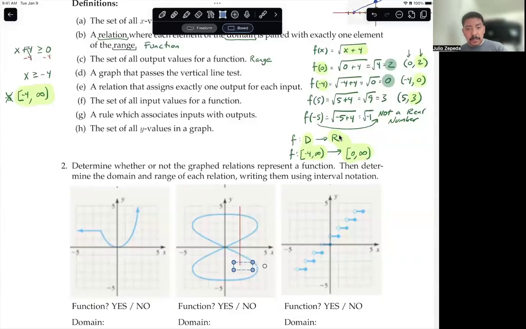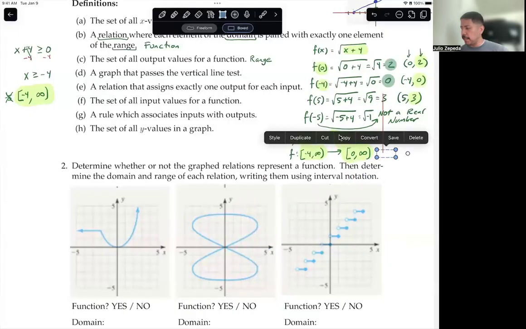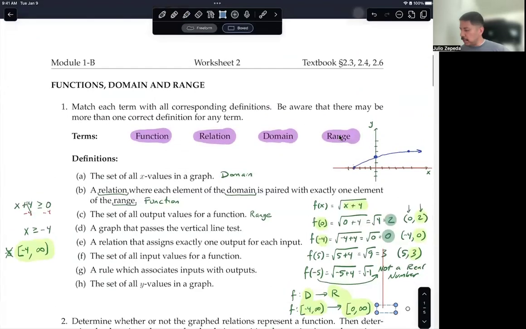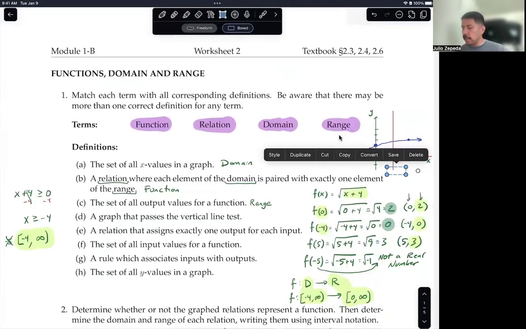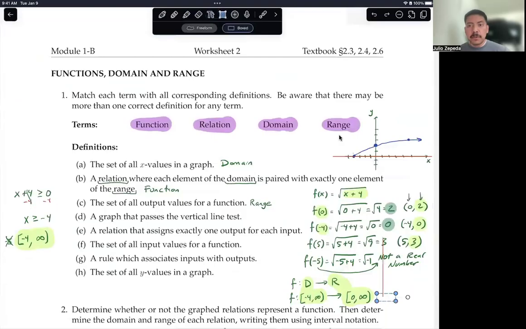In this case, this vertical line here, if we extended it up and down forever, it would cross one, two, three, four times. And so as soon as any vertical line crosses a graph more than once, that is not a function. Okay, so we'll talk about number two in the next video, but just wanted to show something that is not a function. The graph in blue, the square root of x plus 4, that is a function. Okay, so we'll write here, a graph that passes the vertical line test, that is known as a function.